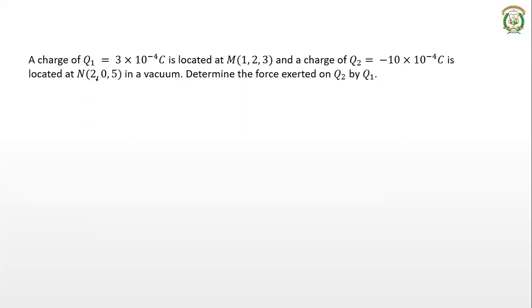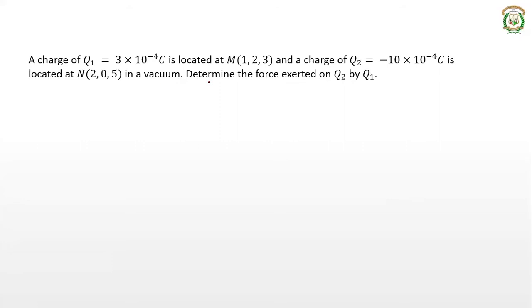Okay, this is another point N. Its coordinates are 2 comma 0 comma 5. The charge Q2, that is minus 10 into 10 raised to minus 4 coulombs, is located at this point. It is also given that it is in a vacuum. That means the medium is vacuum or free space, you can call.